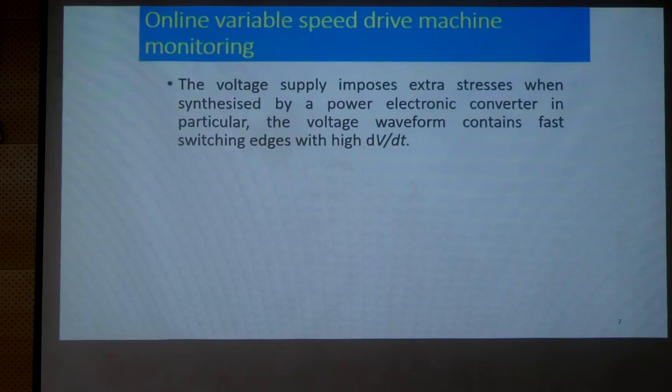That creates stress in the insulation. Thermal stress also comes into the picture. This makes the insulation deteriorate. And with this stress mechanism, gradually it gets to partial discharge inception voltages, particular voltage levels, and the partial discharges will be initiated.